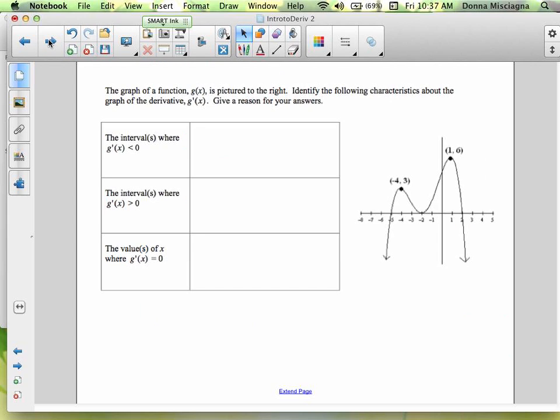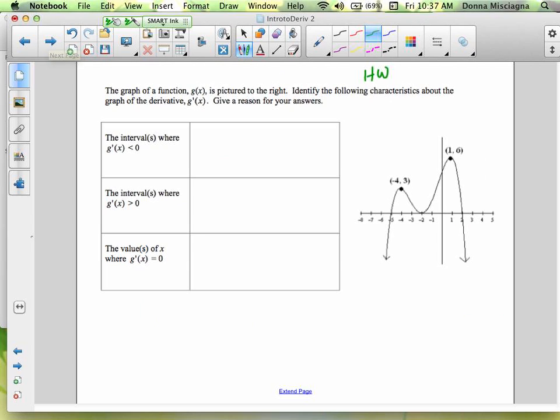All right, so we've done some in context here. I have some problems for you to do, and these should be in your notes. This one is going to be a homework problem for you. This is the graph of g of x. Identify characteristics about the graph of g prime of x.